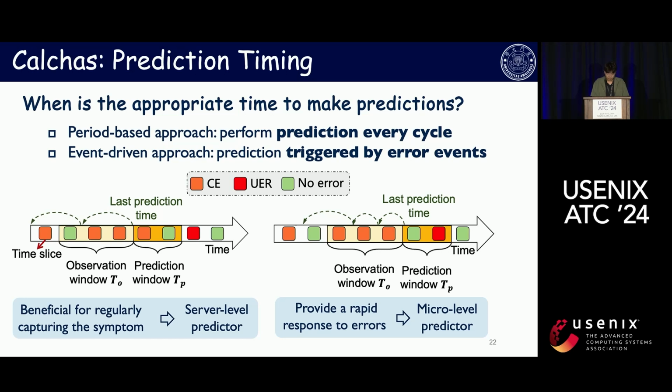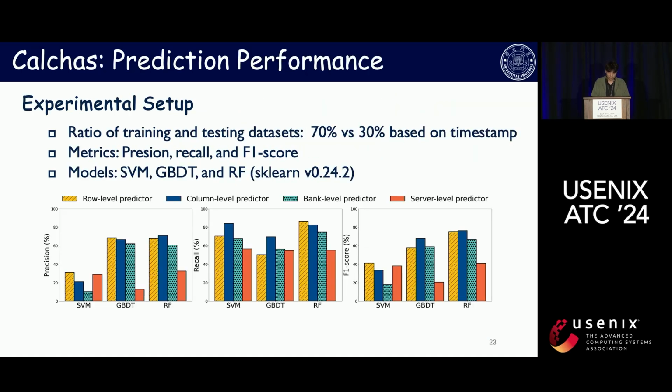At this point, we have completed the entire prediction process. This includes generating input features for prediction, determining the levels at which to make predictions, and selecting the appropriate timing for predictions. We assess the effectiveness of our predictors.